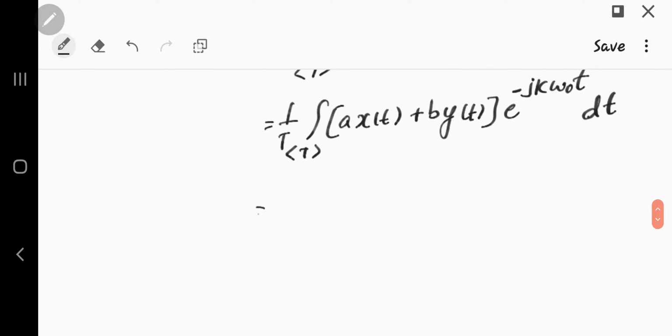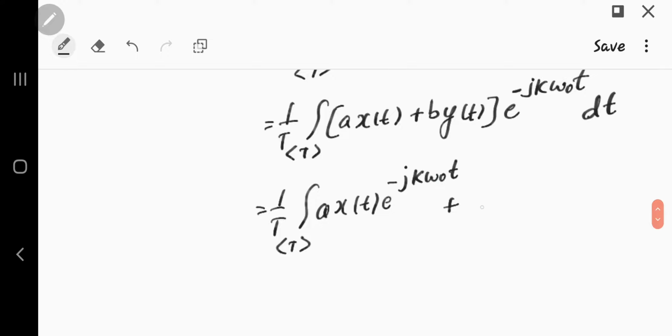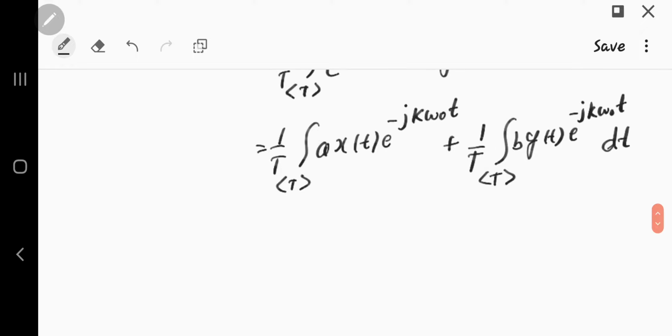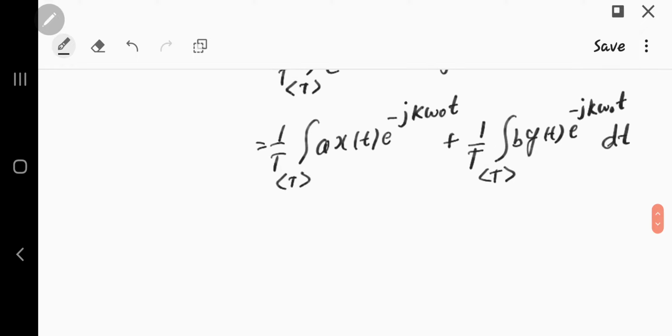Now you can split this, or, since a and b are constants, in this step you can directly take a and b outside, and it will avoid one more step for you.